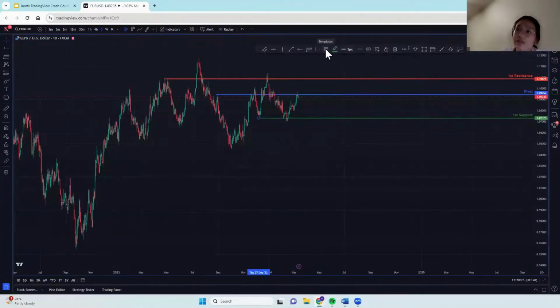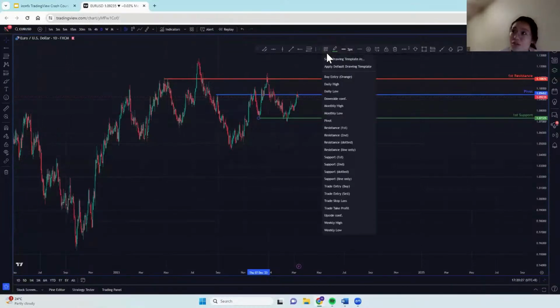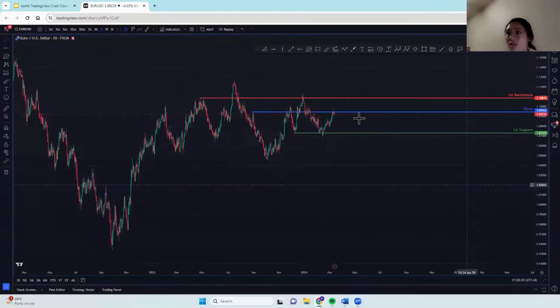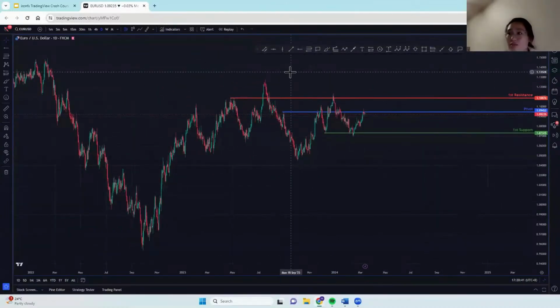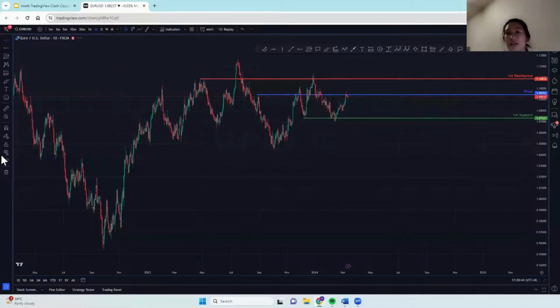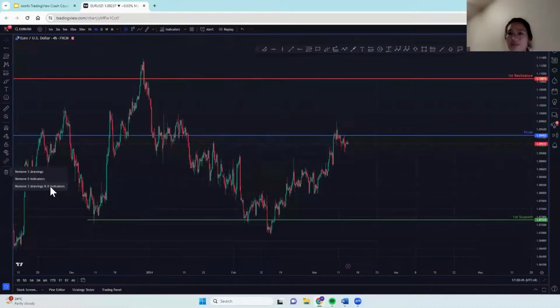Oh yes, so when you click on this template, you can actually apply some templates to your support and resistance levels when you're labeling them. And this is just in your toolbar as well. Now let's look at our 4-hour time frame.